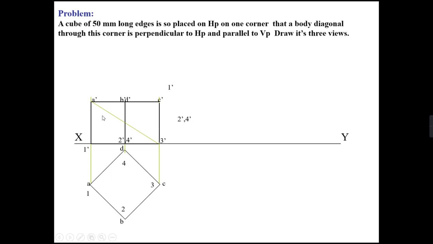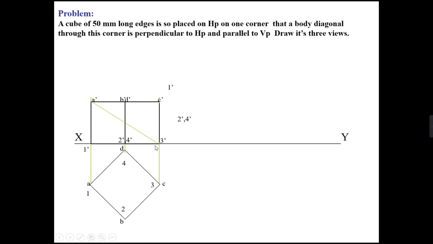After that, the diagonal which is passing through the corner point which is on the ground, means if I am assuming that the cube is resting on this corner point A1, then this diagonal will be perpendicular to the XY line.